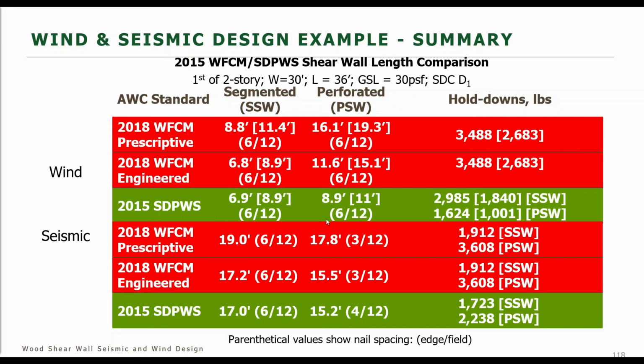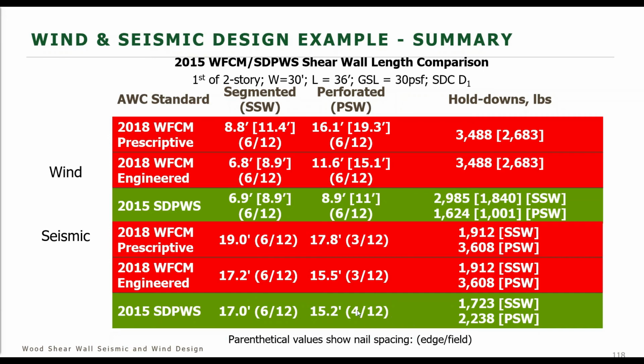And this is finding a little bit more efficiency based on finding that shear adjustment factor by taking into account all the opening sizes rather than basing it on the largest opening. And then seismic, you can see we have more demand, more length required, and we are equal to the engineered approach from the wind and seismic provisions here and here.